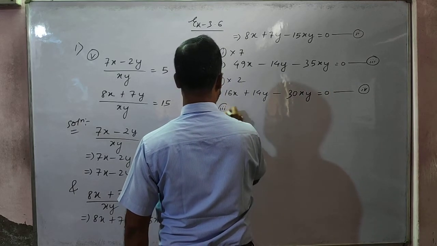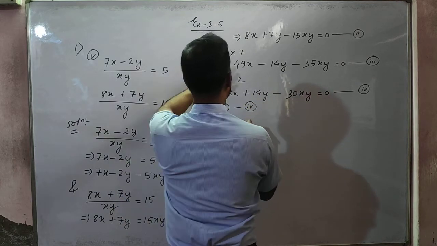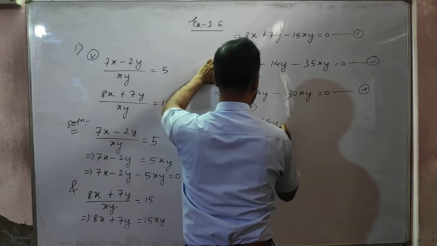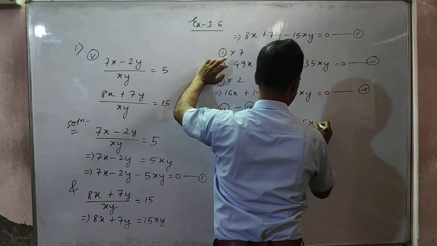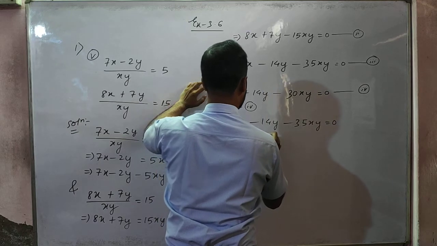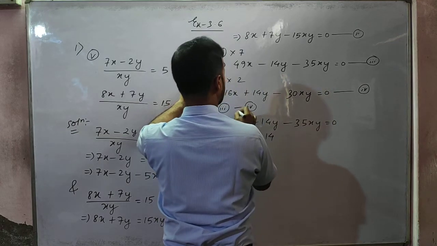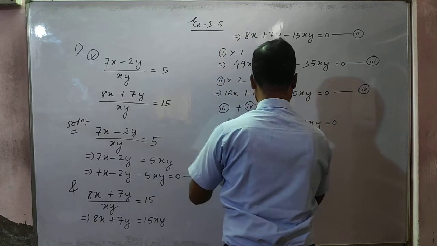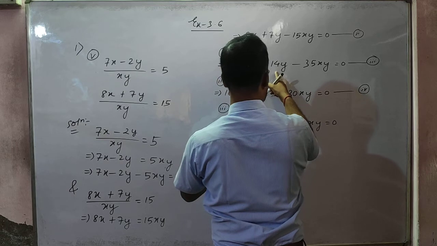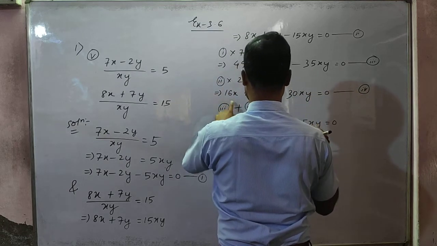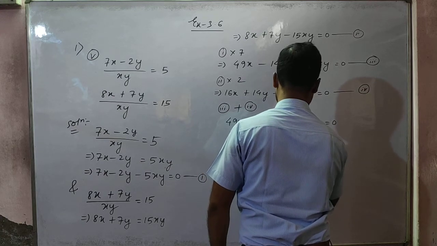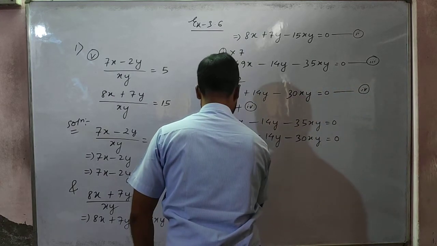So 3 and 4 we will add. Oh, we have to add, isn't it? Opposite signs, so we have to add. 49x minus 14y minus 35xy is equal to 0, and 16x plus 14y minus 30xy is equal to 0.